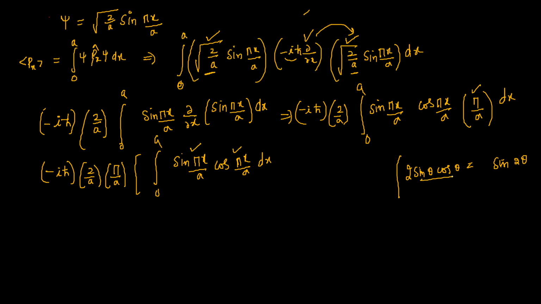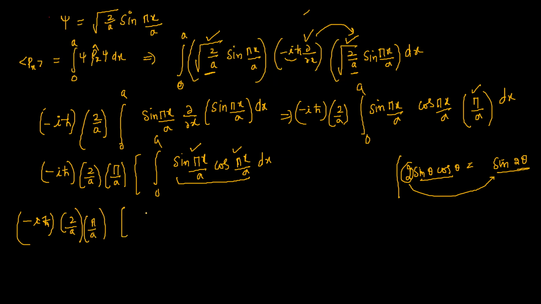So the product of sine theta and cos theta can be written as sine 2 theta by 2. Okay, that 2 I'm writing outside. This is 2 theta, theta means pi x over a. Right? Now we will integrate the term that is inside the integration sign.